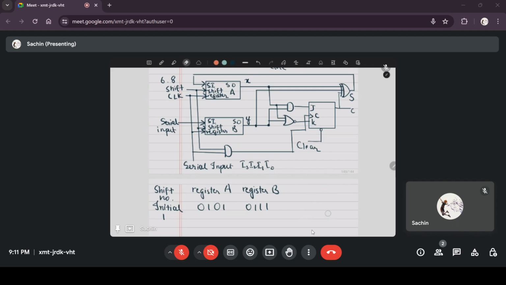Let me write down the inputs X and Y also, and then the sum and carry. So initially, the serial output is the output of the final flip-flop in the register. The output of the final flip-flop is 1 and 1, right? So there is already an output X and Y. Carry has been set to 0 forcefully. So the sum output is currently 0.